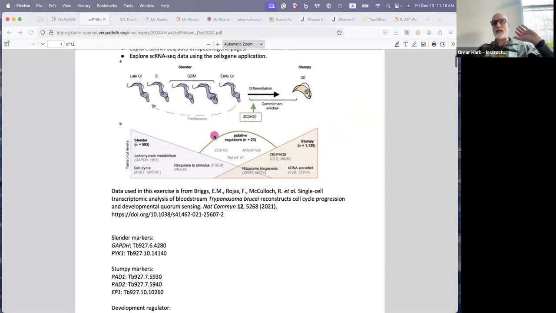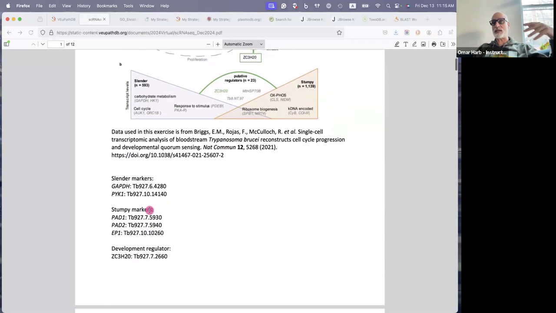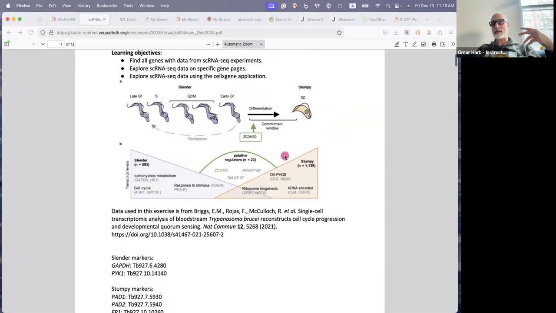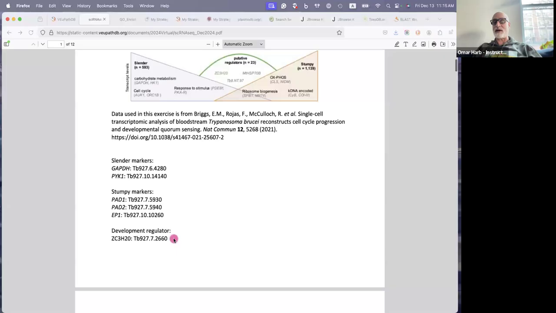One part was looking simply at wild type cells and looking at their differentiation and trying to tease out genes that are potentially important for regulating differentiation. And then the second part was that they did an experiment with a mutant where this gene that they identified was knocked out. And then they were able to identify it as a key component in regulating differentiation using single cell data.